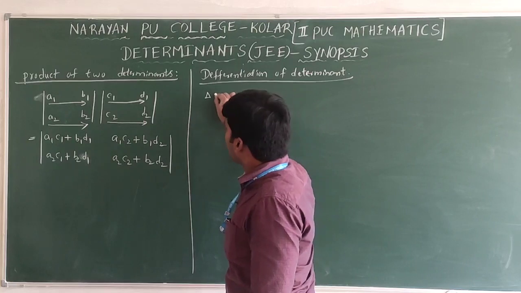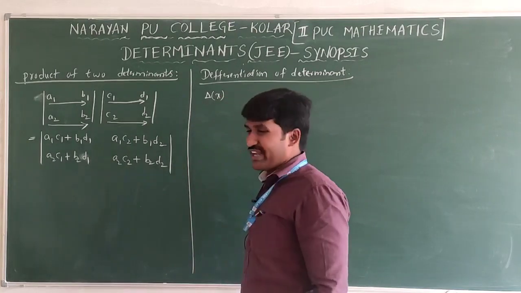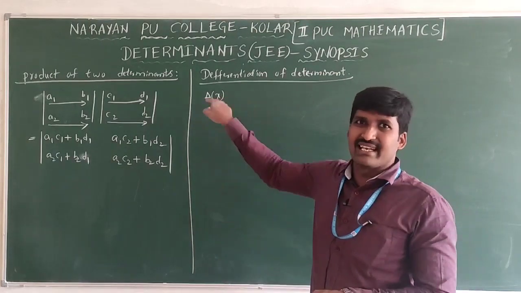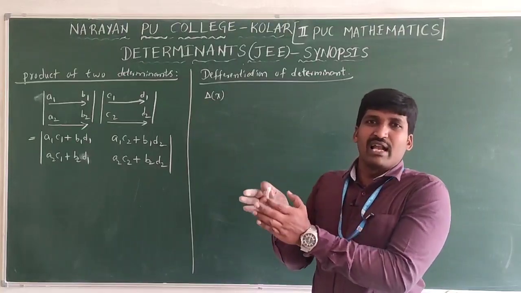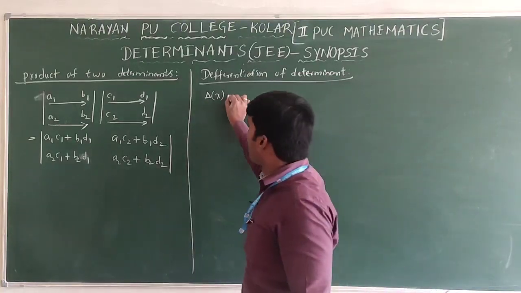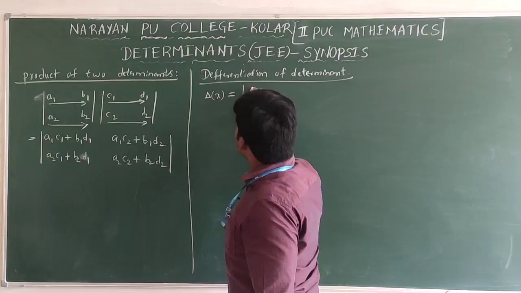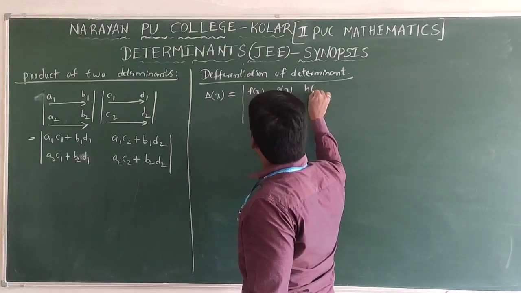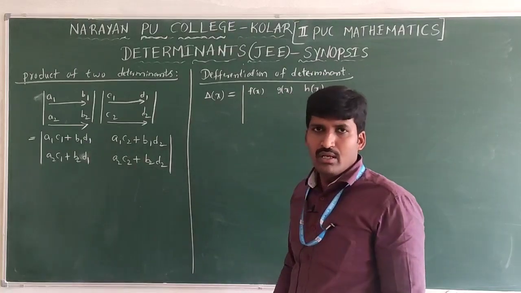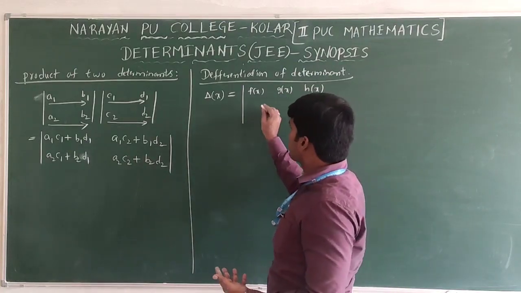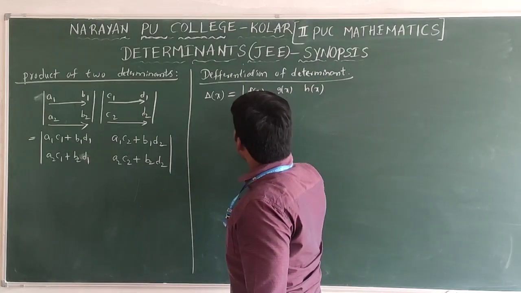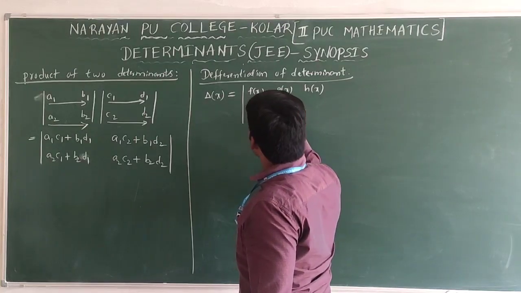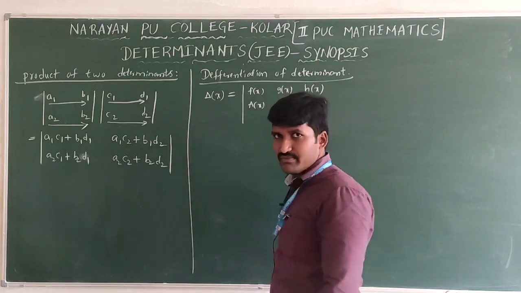Based on that I am telling delta of x. The reason why I am taking x here is that the determinant value is in terms of the x variable, in the form of a function. For example, the function is f of x, first row g of x, h of x. For the second row also there are some other functions, some a of x, b of x, c of x.